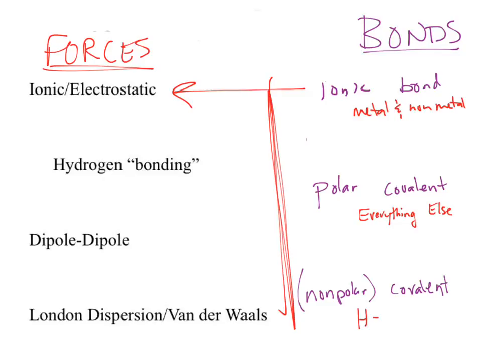Hydrogen to carbon. And anything to itself. Okay, so those are our two definitions for our nonpolar covalent. Now our polar covalent bonds make sense, because now it's everything else. So if it's not ionic and it's not nonpolar covalent, it's polar covalent. Now I can work with it.